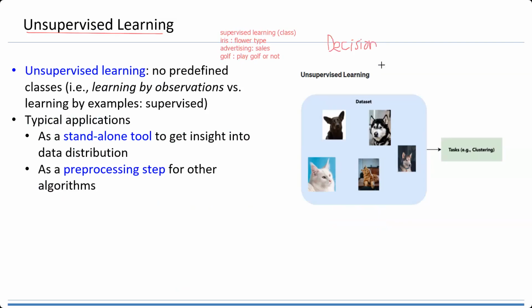In your assignment, what is the class? In the Orange assignment, the class is the tip. How much tip do you want? So every data that has a class, we call it supervised learning.